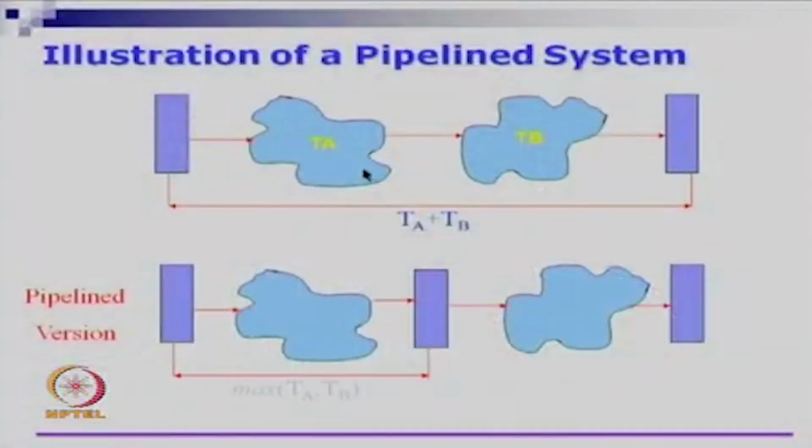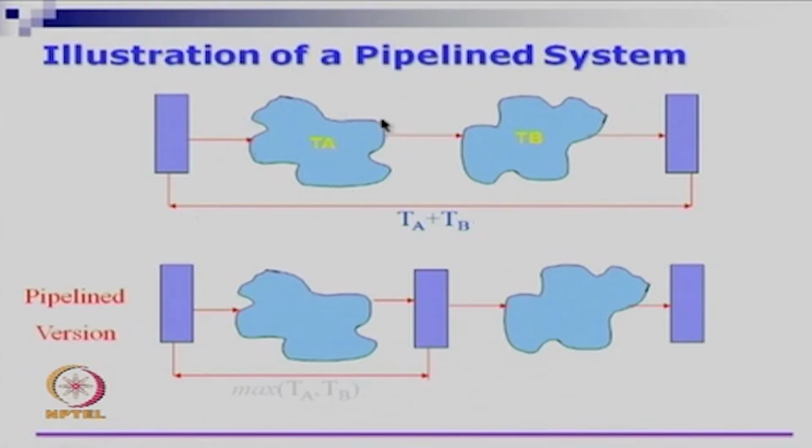In terms of a picture, usually for pipelining people draw what is called a cloud diagram. Let us say this is block A, which could be the multiplier, and this is block B, which could be the adder. Without pipelining, a set of inputs going through some combinational logic would have a delay of TA plus TB.